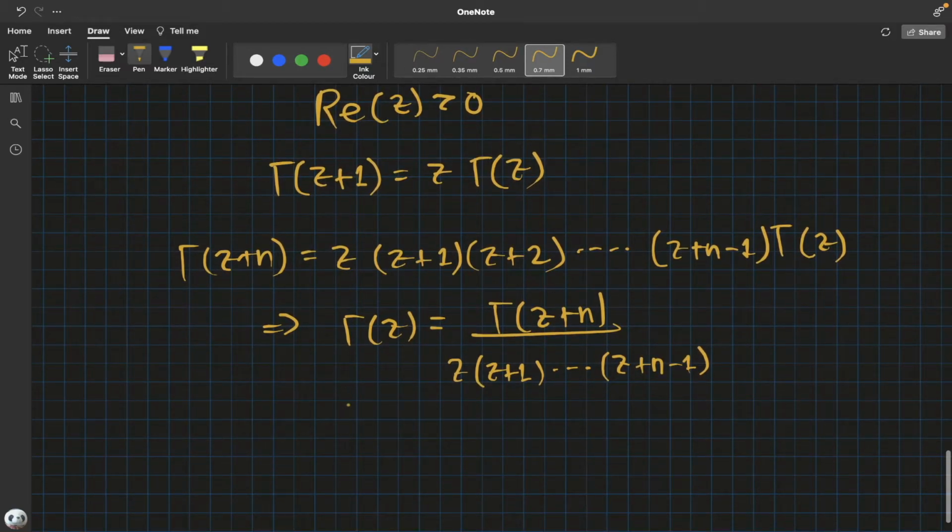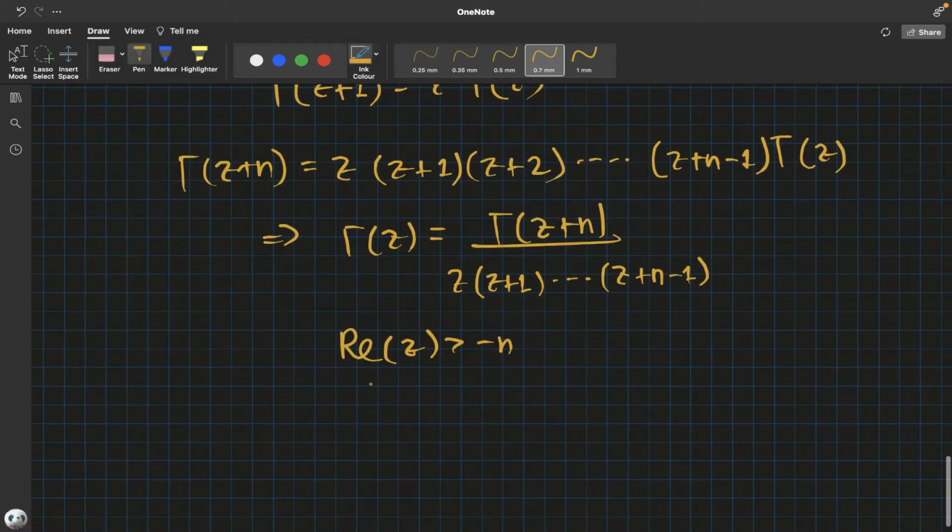You notice here, the numerator is analytic for real part of z greater than negative n, and this is always going to be satisfied as long as we're in the first region of convergence. So we don't need to worry about the numerator blowing up. What we need to worry about is the denominator.